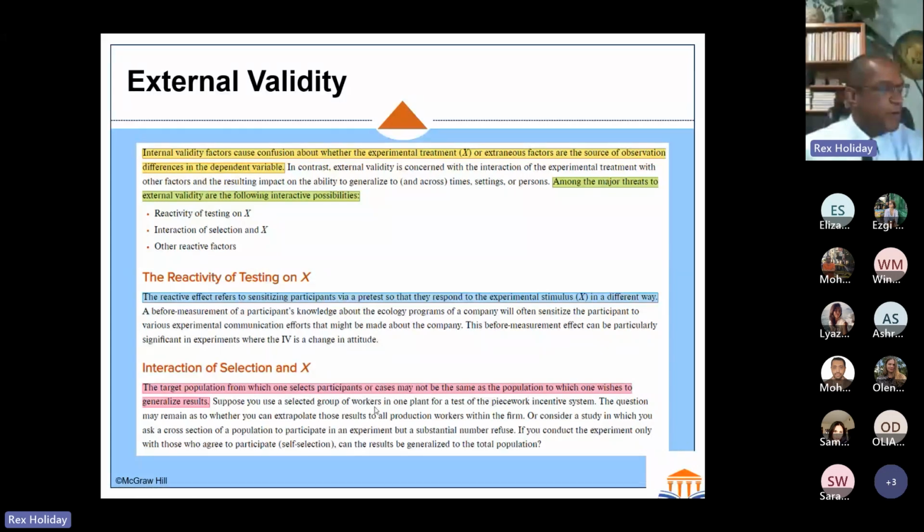The question may remain as to whether you can extrapolate those results to all production workers within the firm. Or consider a study in which you ask a cross-section of the population to participate in an experiment, but a substantial number refuse to do it. If you conduct your experiment only with those who agree to participate, self-selection, can the results be generalized to the total population?